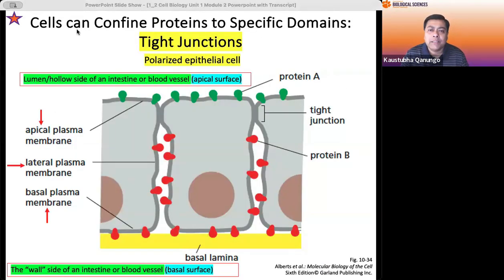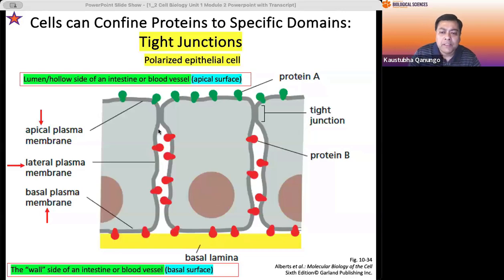Okay, so here the cells can confine proteins in specific domains. And here what happens that these are the epithelial cells, and we talked about this yesterday. So these are polarized cells where you have an apical surface right here, and right here is the basolateral surface. And the apical surface can be lumen, hollow side of the intestine or blood vessel, whereas this is the wall side of the intestine or the blood vessel.